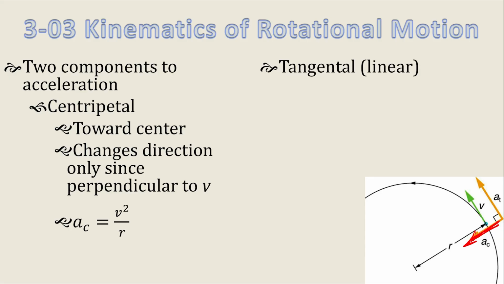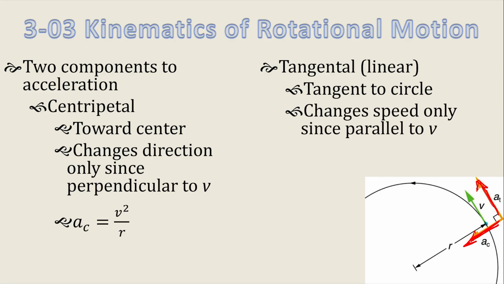Tangential or linear acceleration is tangent to the circle, and it changes the speed only since it's parallel to the v. Tangential acceleration is r times the angular acceleration. When you combine those two, you get the total acceleration of the object.